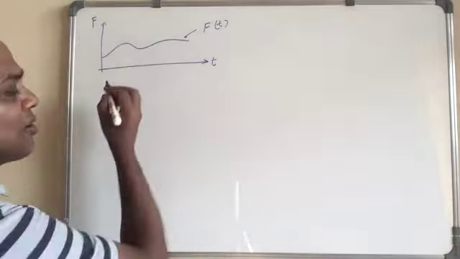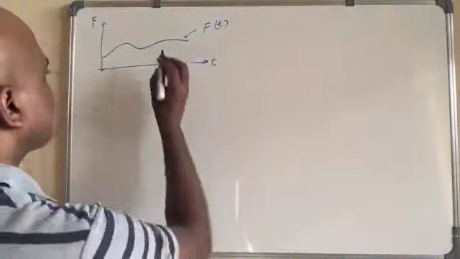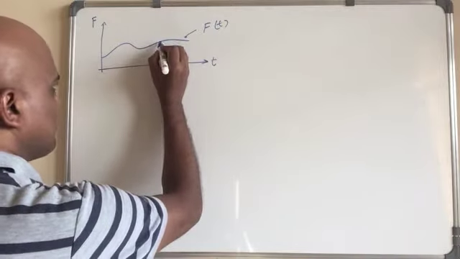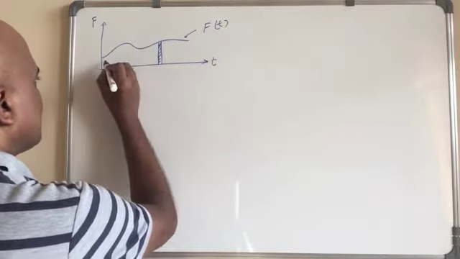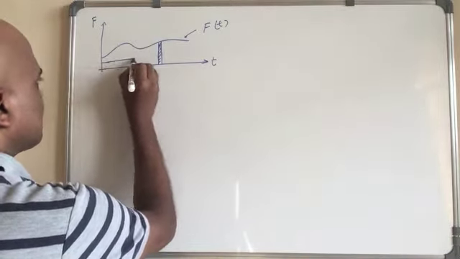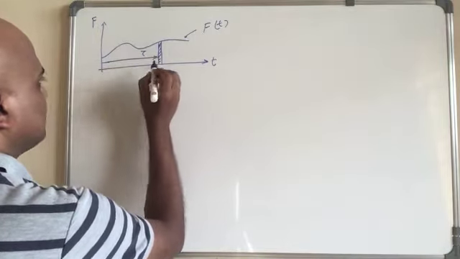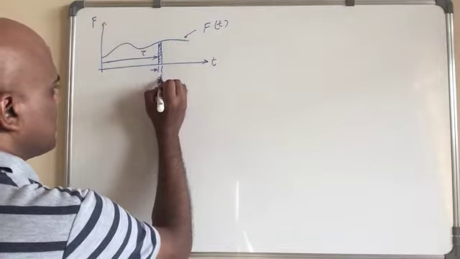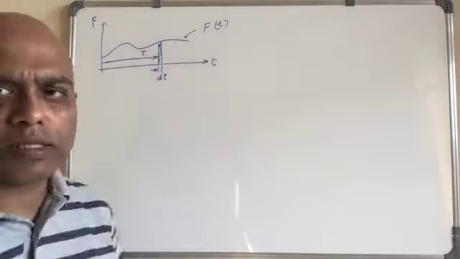Now what we are going to do is consider one very, very small strip of it. The distance from here is tau, and this width is d tau, like this.